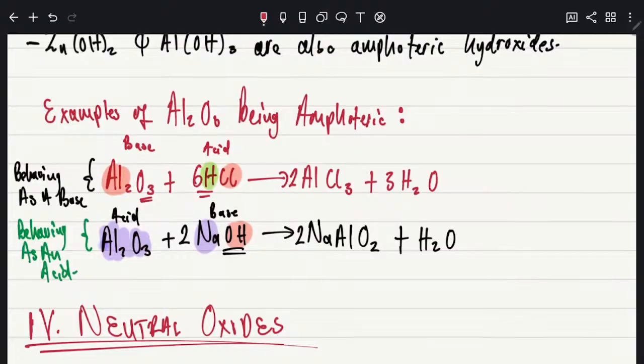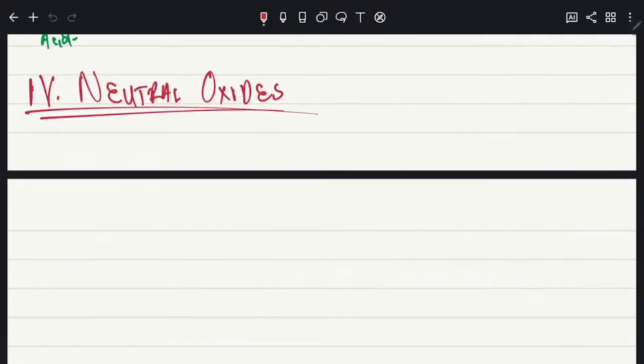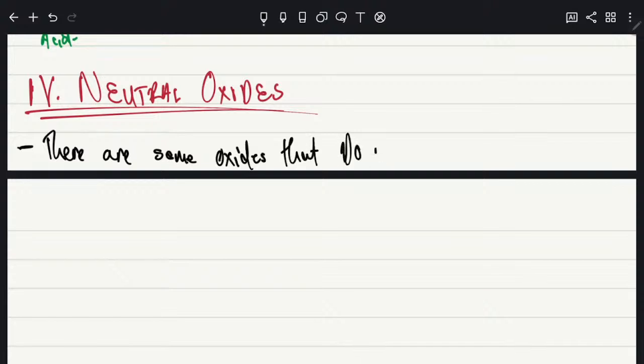Neutral oxides. Right here, say there are some oxides that do not react with either acids or bases.